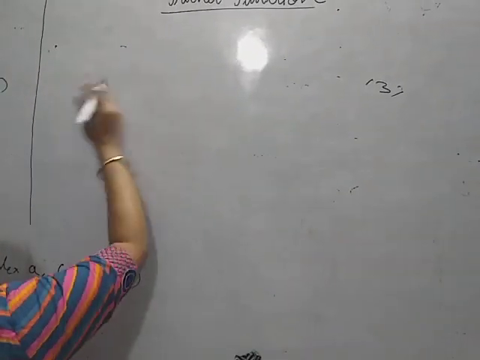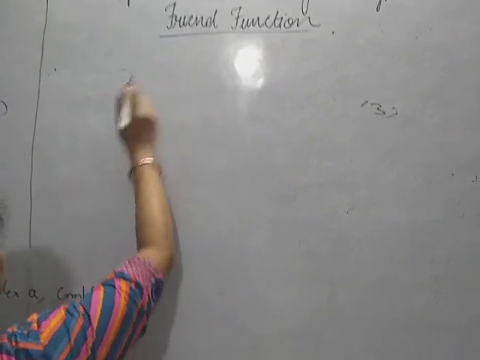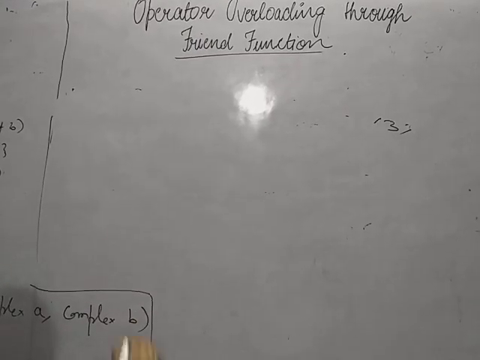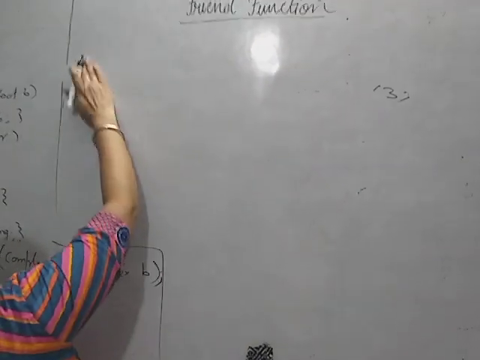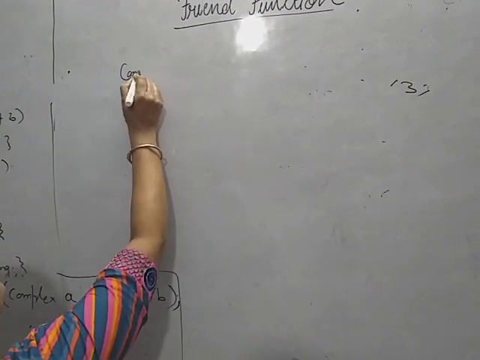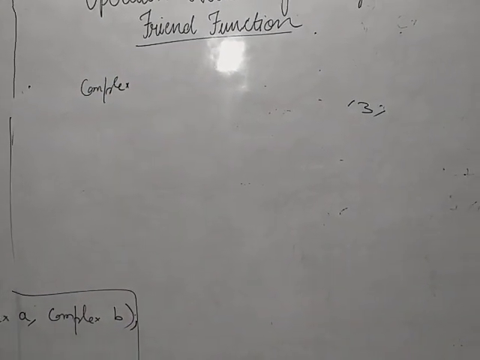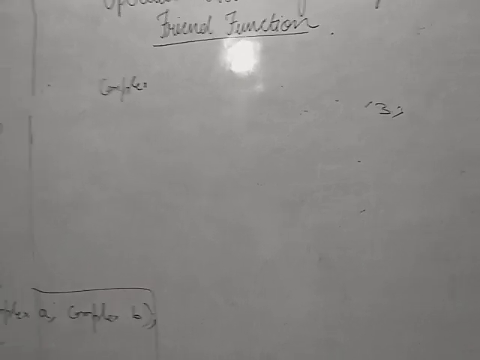Here no friend keyword is required. I simply write the return type complex, and no scope resolution operator is required because this is not a member function.